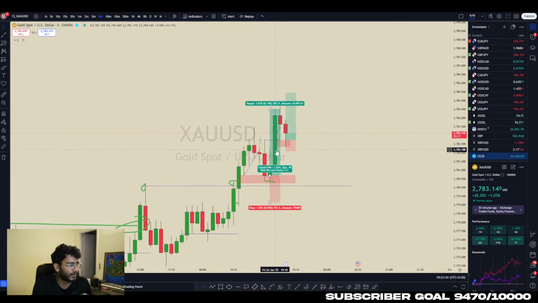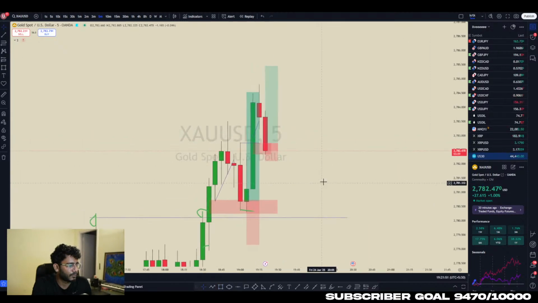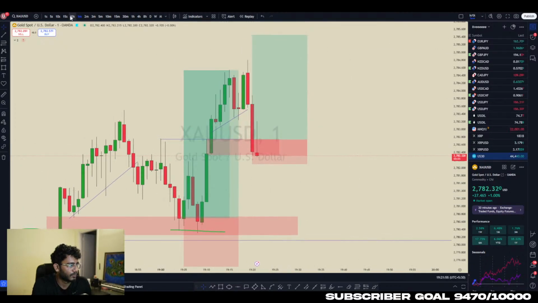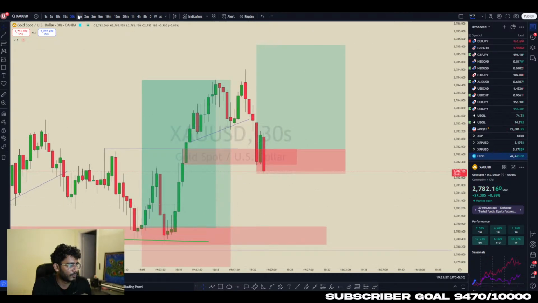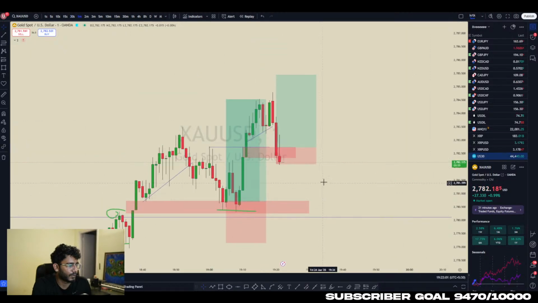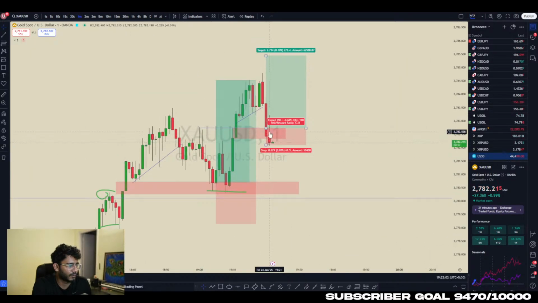We have this 5-minute engulfing, 5-minute imbalance here. Price has not closed, like price has not engulfed here. So we will not enter here.